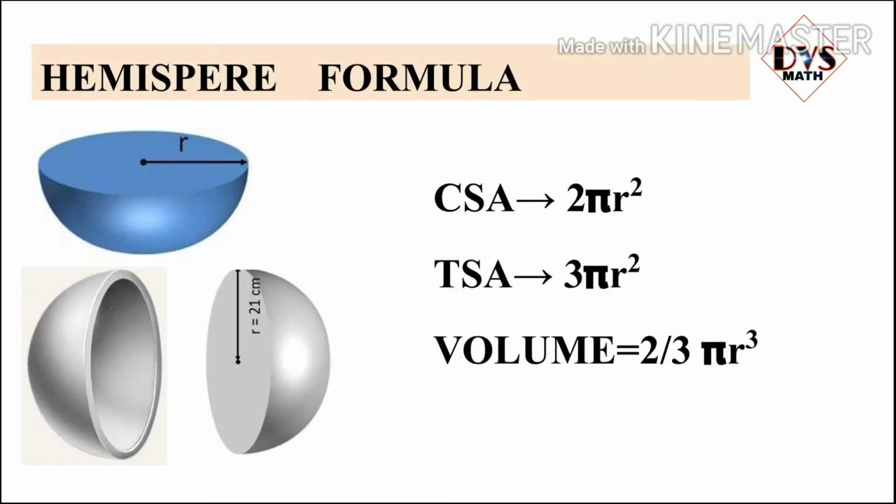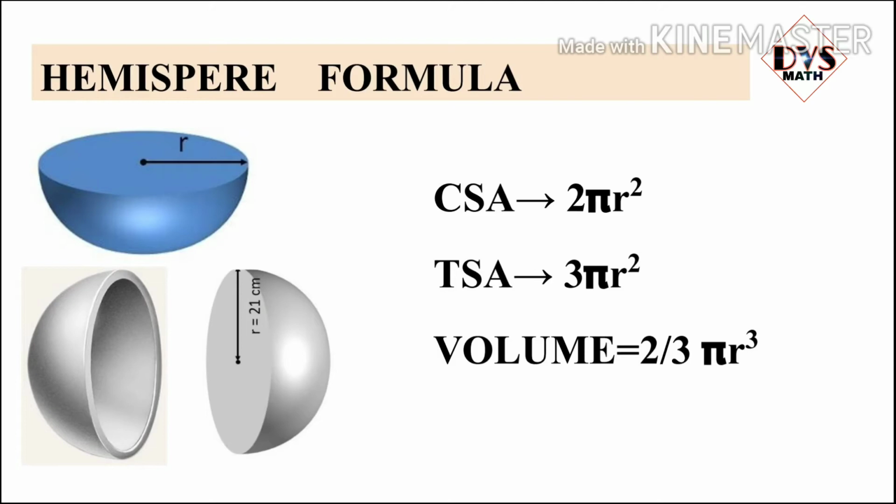Hemisphere. Here the formula for hemisphere is half of sphere. The curved surface area is 2 pi R square, that means half of the area of sphere, 4 pi R square. If we take half, it becomes 2 pi R square. But here observe two grey color figures. One is hollow, another one is solid. If it is hollow, the CSA will be 2 pi R square.